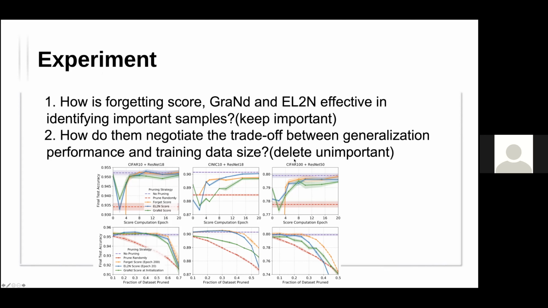Basically, what would happen if we delete unimportant samples? The first row should be the experiment result for the first question. They do it on different data sets using different model architectures.